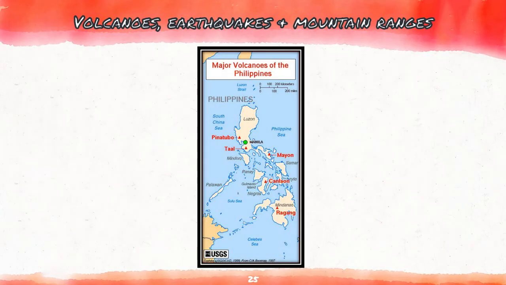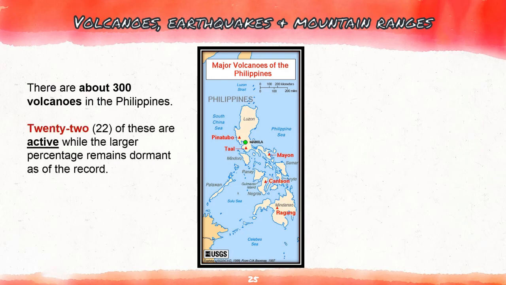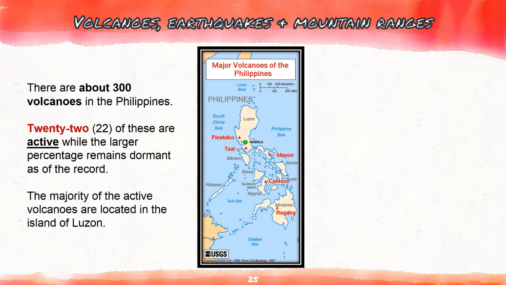With that, here are the major volcanoes in the Philippines. For the record, there are about 300 volcanoes in the Philippines. 22 of these are considered to be active, while the larger percentage remains dormant as of the record.